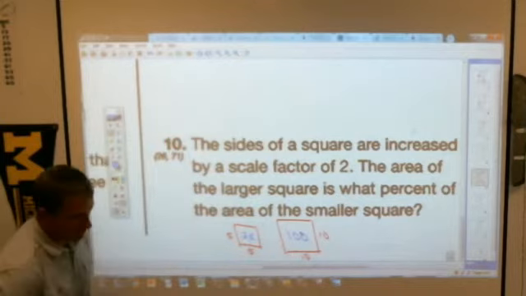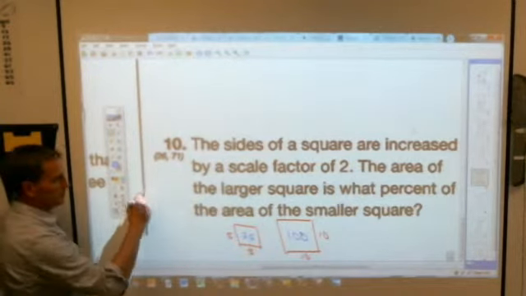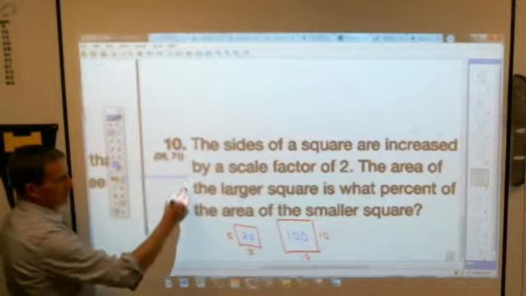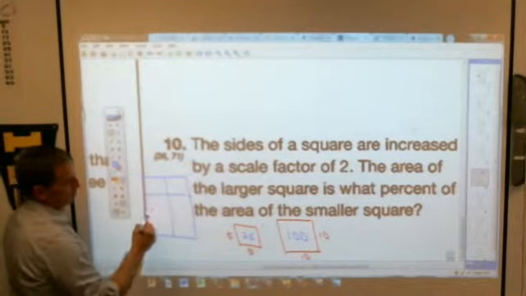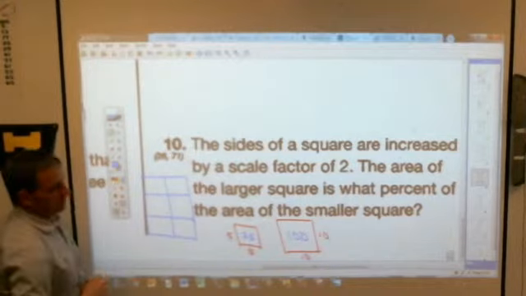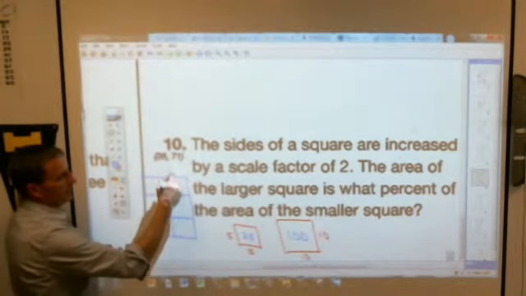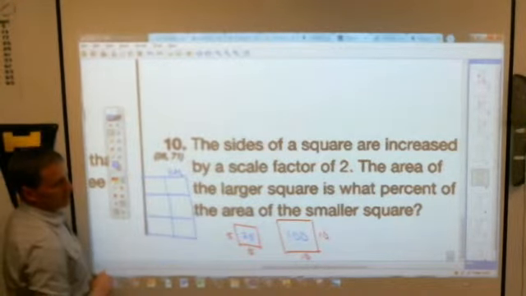Here, ladies and gentlemen, is where I'd stop and draw myself a little percent box. This is the actual area. I'm going to write that down first.